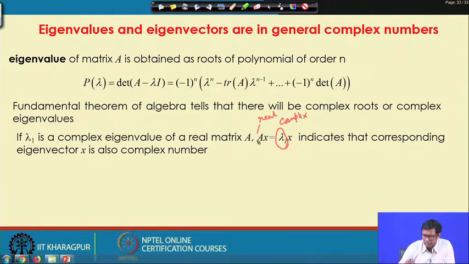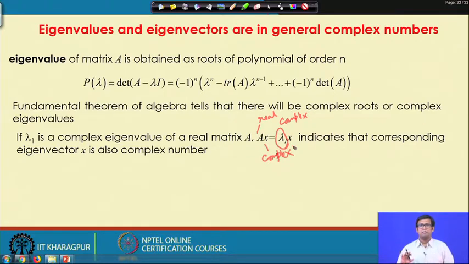A real matrix multiplied with a real vector cannot give a complex number times a vector, so x must be a vector with complex numbers. Therefore, if lambda is a complex eigenvalue, the eigenvector x is complex.